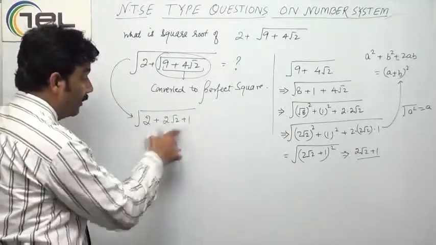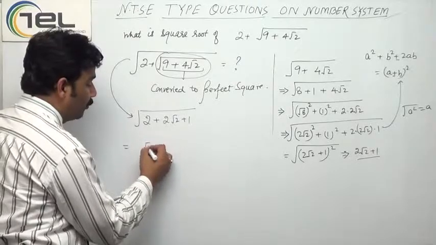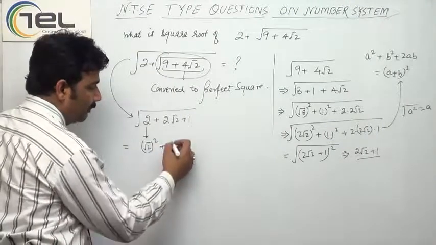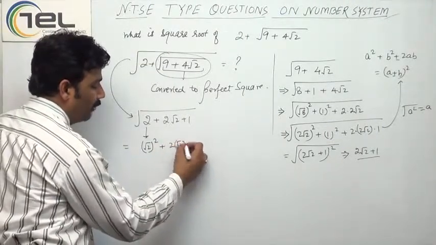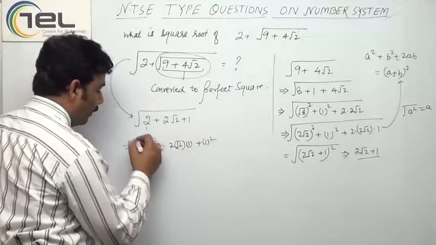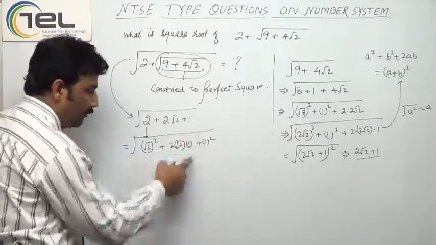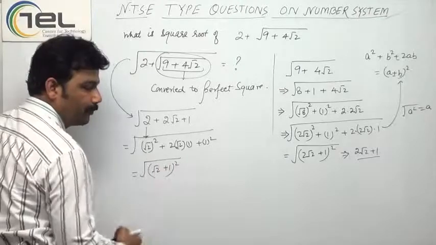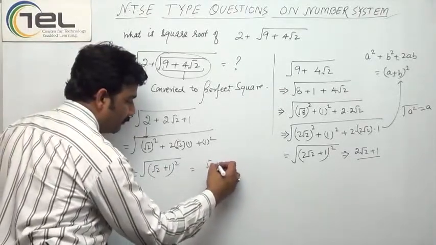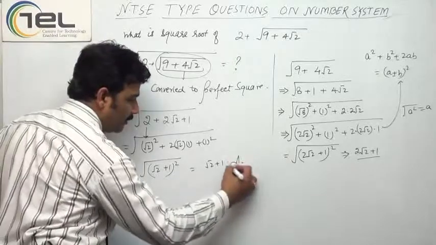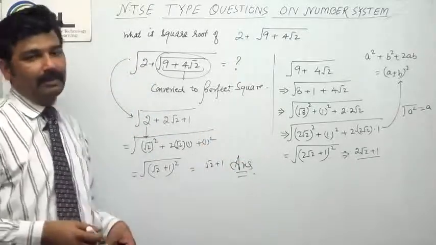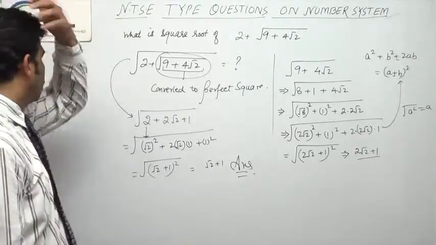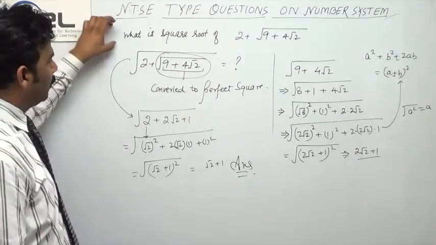Now again, can I write 2 as root 2 whole square, plus 2 into root 2 into 1, plus 1 whole square, under a square root? Again, this is a perfect square: root 2 plus 1 whole square under root. So this is the answer. The answer of this one is root 2 plus 1.